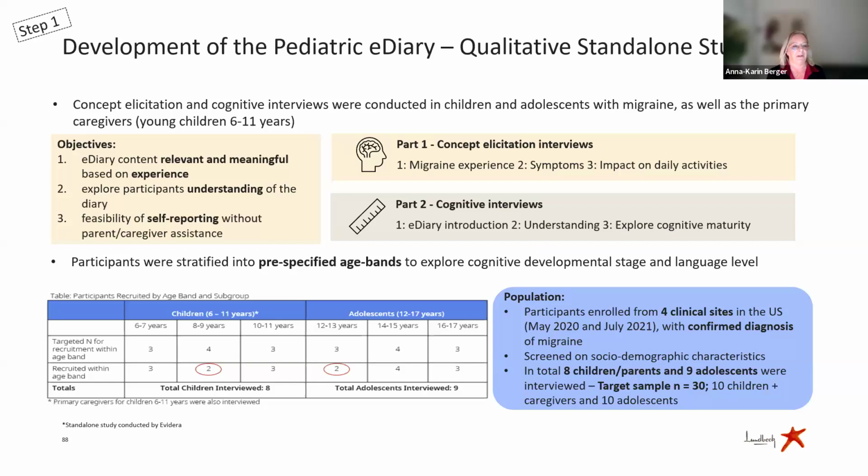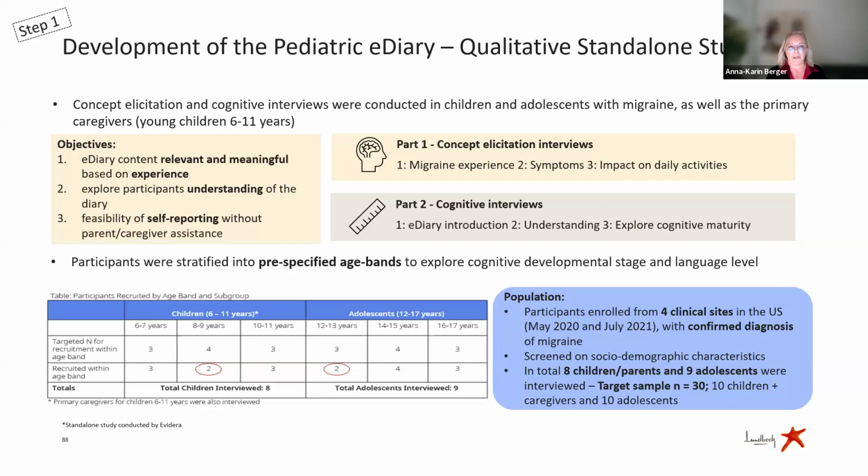The next step, the cognitive debriefing interviews, was to explore participants' understanding of the diary and explore the feasibility of self-reporting without any assistance from their parents. All participants were stratified into pre-specified age bands to explore the cognitive developmental stage and their language level. And down to the left, you have a table specifying the different age bands that we were targeting and recruiting.